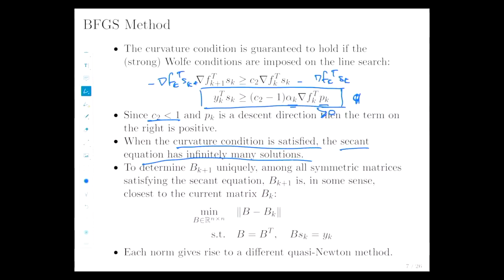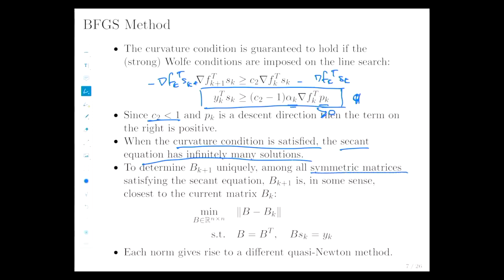It's good. Now, a sensible person can ask, of all these infinitely many solutions, which one should I pick? So a bunch of people in the 60s decided to answer that question. They decided to put a criterion, find this B_{k+1} under some criterion.